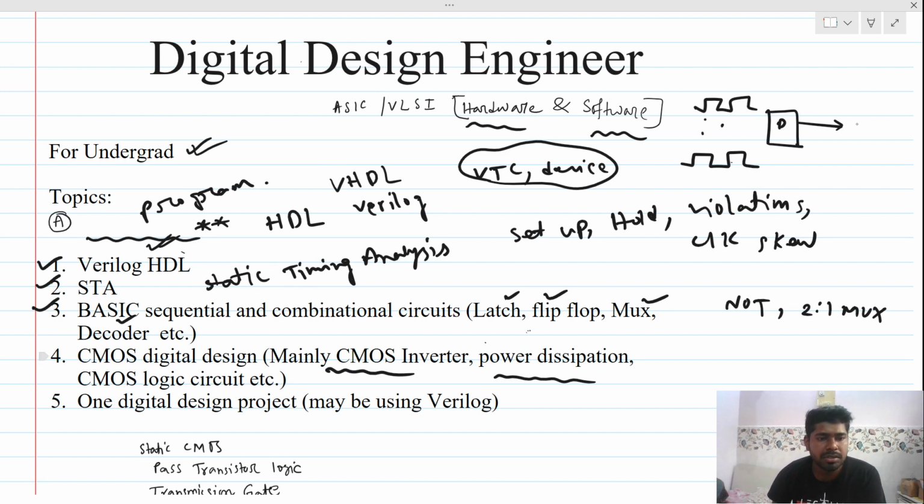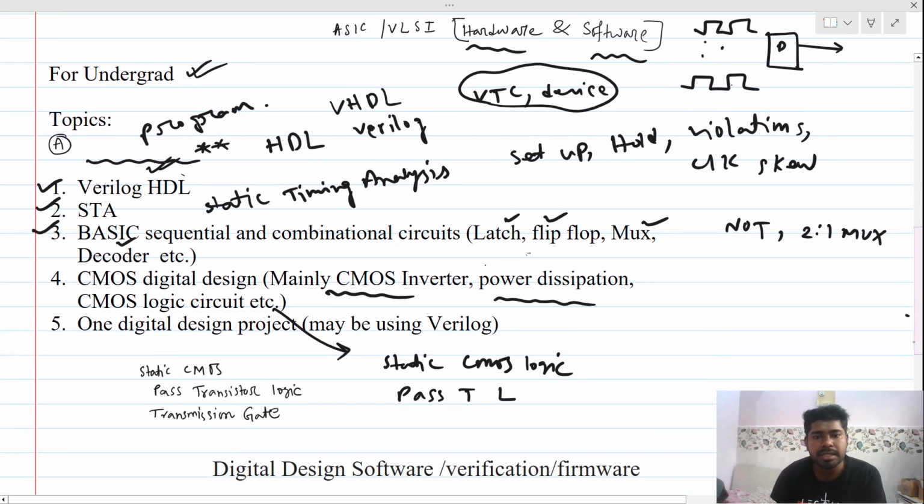Then comes CMOS logic circuits, which is one of the important topics. Here you need to study static CMOS logic, then pass transistor logic, and then transmission gate logic.